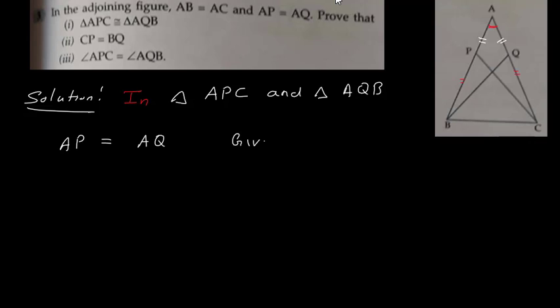In this chapter, it is very important that you mention the reason for each and every statement. So for AP equals AQ, you will write given. Then you have AB equals AC. So side AC in this triangle is equal to side AB. This is also given.